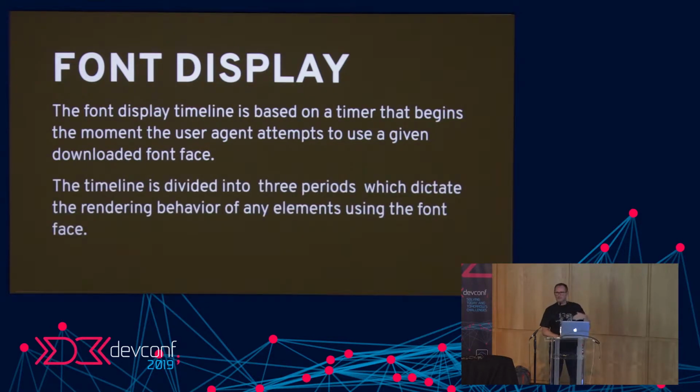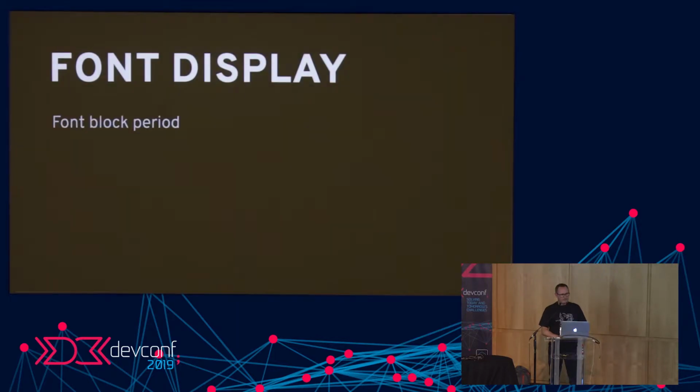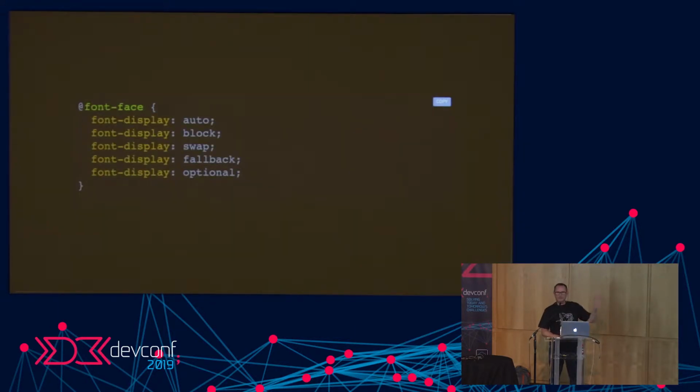We have a number of periods here: a block period where it says, don't show the font; a swap period where it says show the fallback, now show me the downloaded font; or a failure period for what happens if the font doesn't download at all. And there are 5 values we can put in our CSS, and we just put them in our font-face declaration: auto, block, swap, fallback, or optional.